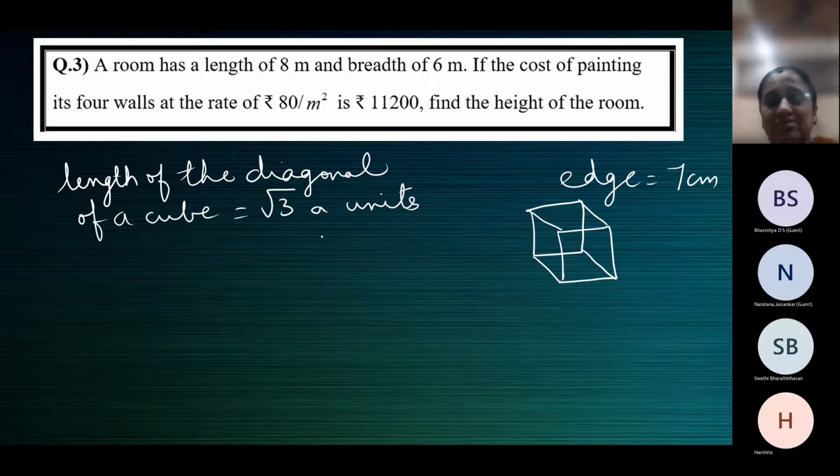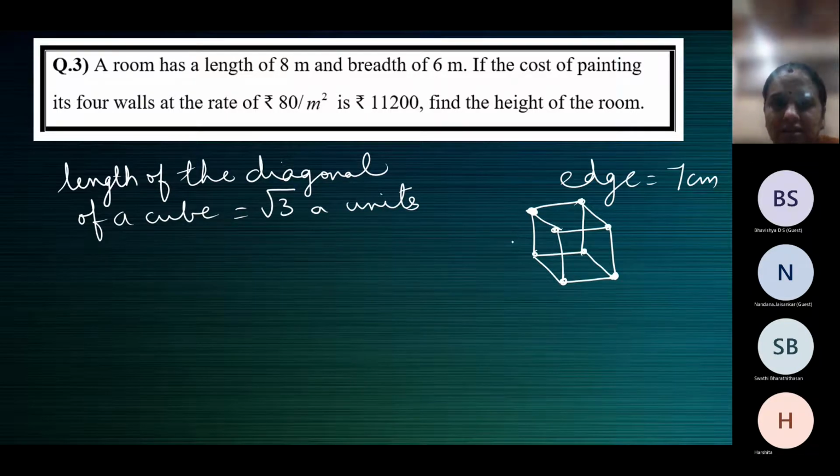See, supposing I take this one, this is one top corner to its diagonally opposite bottom corner. See how many corners does a cube have? 1, 2, 3, 4, 5, 6, 7, 8. 8 corners. A cube and a cuboid has 8 corners.